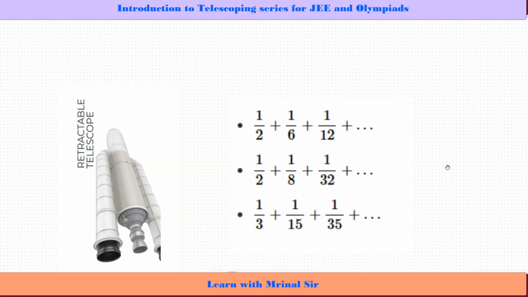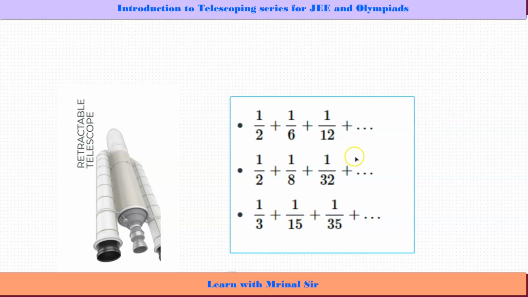As you add or subtract terms in the series, consecutive terms often have opposite signs and equal magnitude, making them collapse or cancel out when summed together. The term telescopic is used because of this concept.